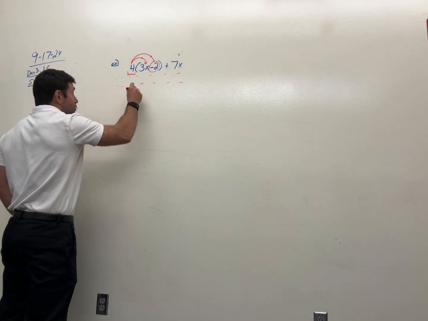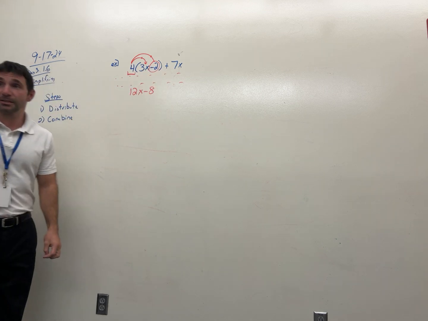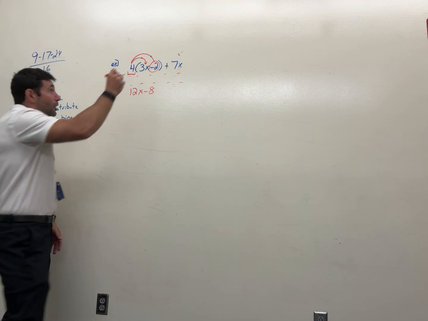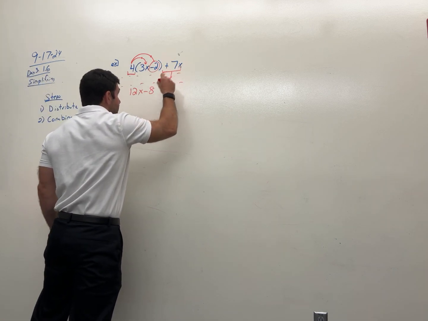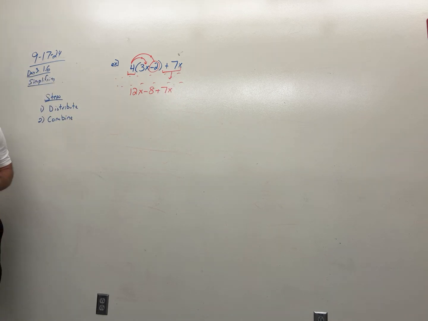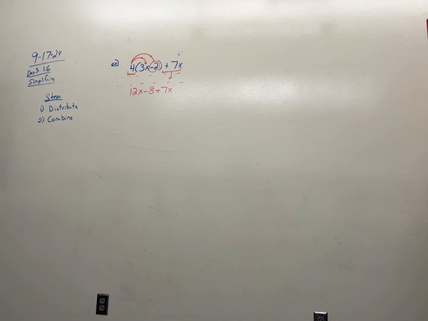4 times 3x is 12x. 4 times negative 2 is negative 8. What happens to the positive 7x? Did we touch it? So all of this comes straight down. And then you combine. Yes, step 2. Combine like terms.